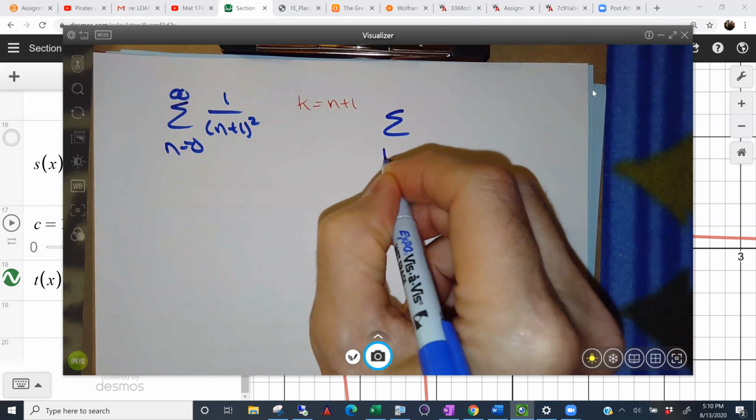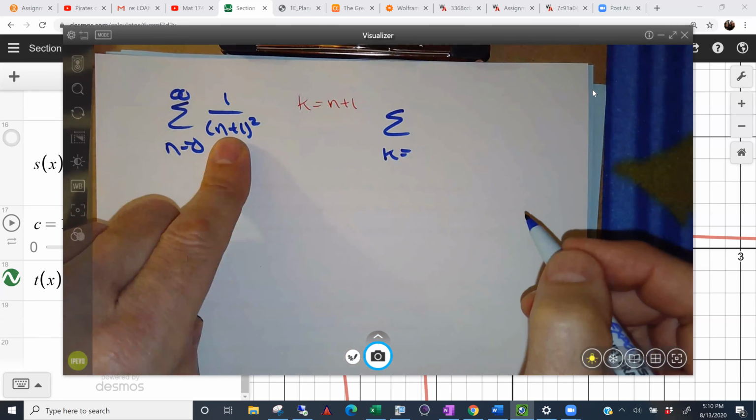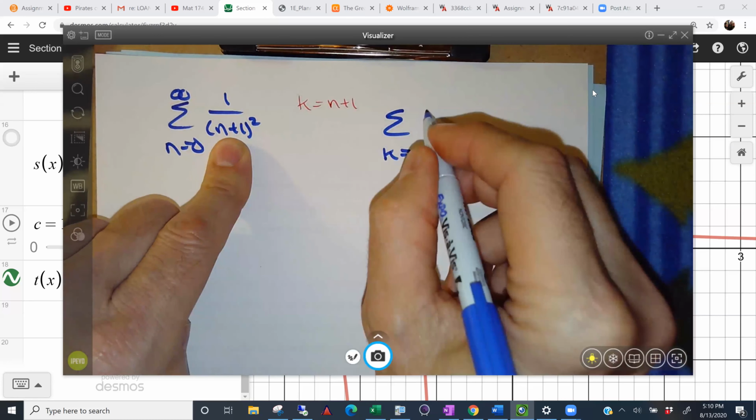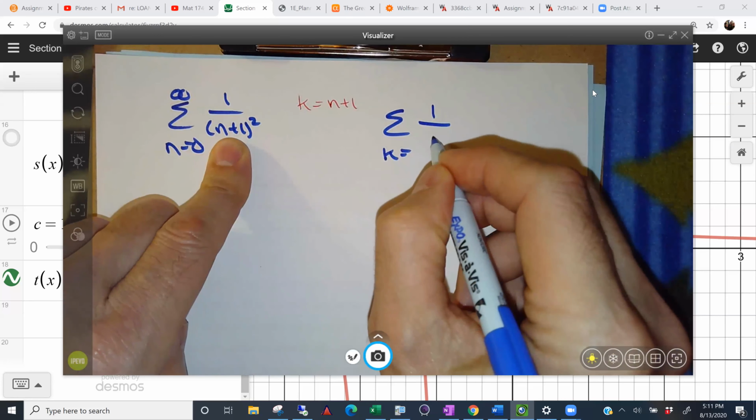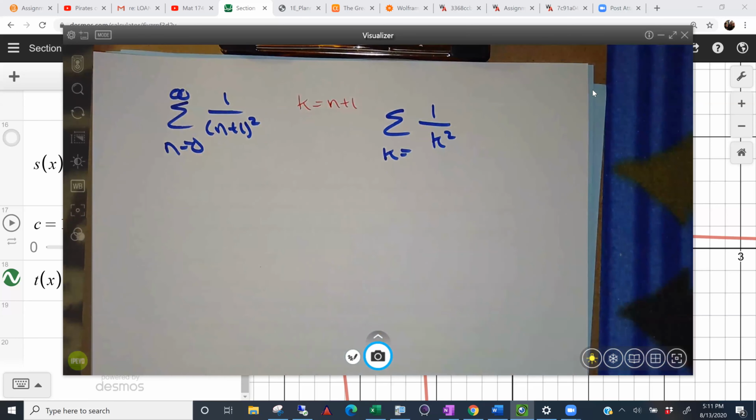Sum from k equals, and I'll have to figure out what it equals, but k is going to be n plus 1. So I'm going to have 1 over k squared. Now if k equals n plus 1, let's figure out something.